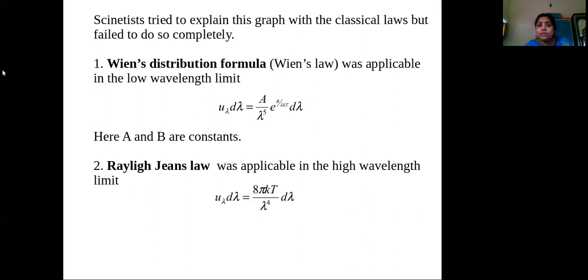Wien's distribution law is given by u lambda d lambda, the energy density, equal to a by lambda to the power 5 into e to the power minus b by lambda kT, d lambda, where a and b are constants. And the Rayleigh-Jeans law, applicable in the higher wavelength limit, states that u lambda d lambda is 8 pi kT by lambda to the power 4 into d lambda.